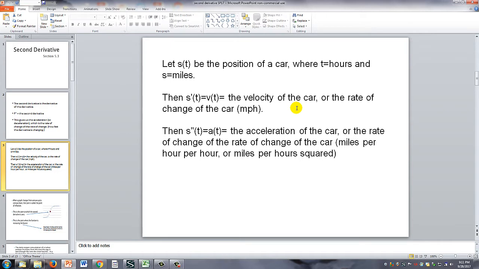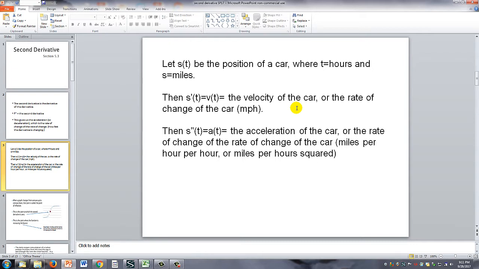The derivative is the instantaneous rate of change. So the first derivative of a position function is miles per hour, which is velocity. Velocity is the first derivative of a position function.